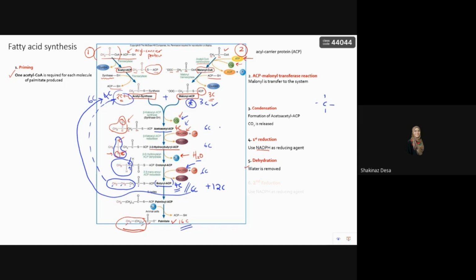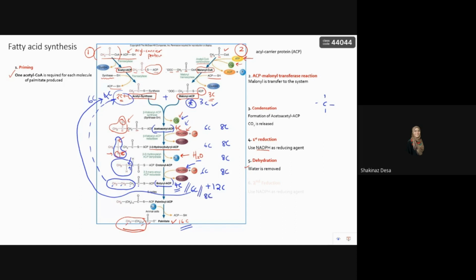So dia akan jadi berapa? 8 carbon. Once dah 8 carbon, dia akan go for the first reduction, still 8 carbon. Then the dehydration, still 8 carbon. Dia akan lalu the second reduction, still 8 carbon. So jadilah 8 carbon di sini.